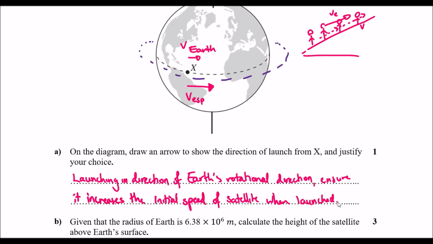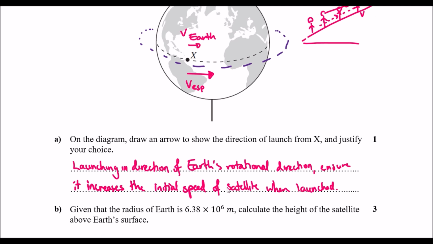You could say it is to save fuel, but obviously it's just to justify your choice, 1 mark. So, increases the initial speed of the satellite when launched. That'll be good enough for 1 mark.